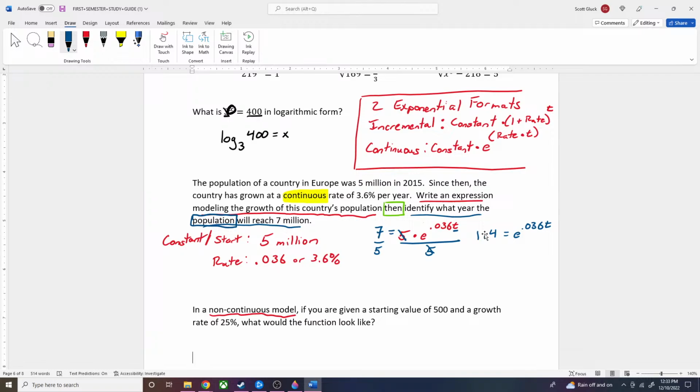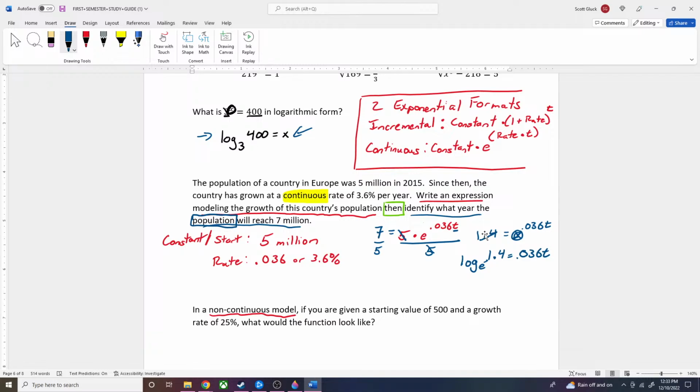Now, cool, we did that. What's our next step? Well, we can't go any further with this equation the way it's currently formatted. And so what we are going to do is convert this into a logarithm, exactly like we did up here. So we're going to say, okay, the log. What is the base of our exponent? That's e. The log base e of 1.4 is equal to 0.036t.